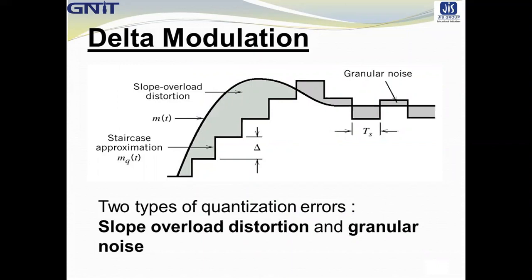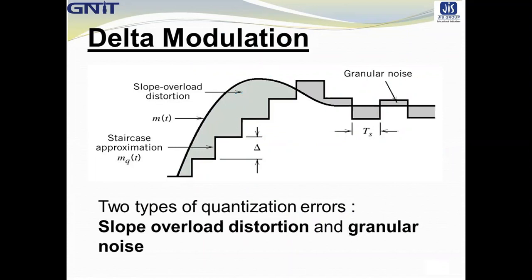Now, what is slope overload distortion? When the rate of rise of the input signal is so high that the staircase signal, that is the quantized signal, cannot approximate it, the step size is too small.